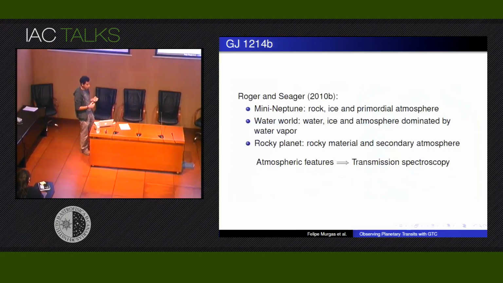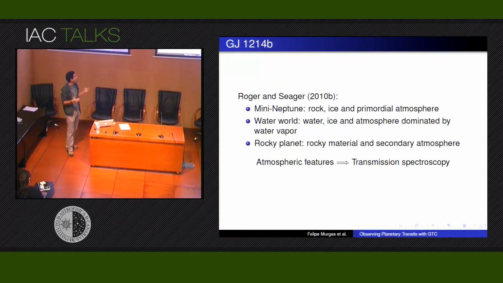Rogers and Seager proposed three models for the composition of the atmosphere of GJ1214b, based on the planetary density.